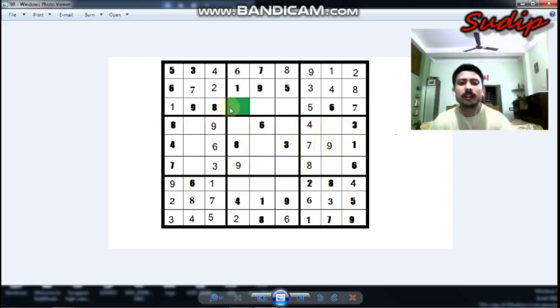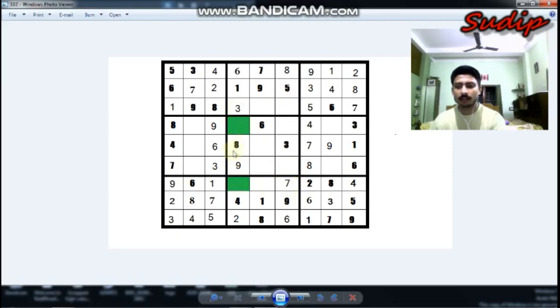Now in this line 2, 3 and 4 are left, so this position has a chance to have a 2, 3 or 4, but 2 and 4 are there in this line, so there will be a 3. In this line, here are left 3, 5 and 7, but 3 and 5 are positioned here, so there will be a 7.